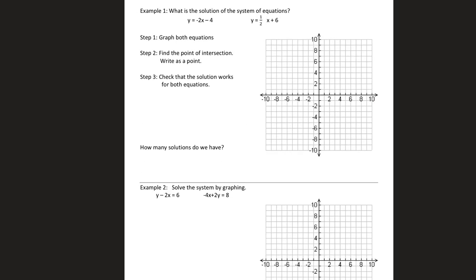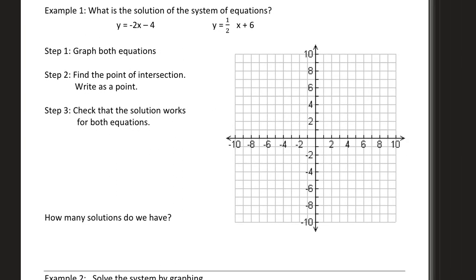All right, let's turn our page and look at some more examples. All right, example 1. They haven't graphed it for us yet, so let's graph it. We've gotten really good at graphing. So on the first equation, it says y equals -2x minus 4. So I'm going to begin at -4 on my y-axis.